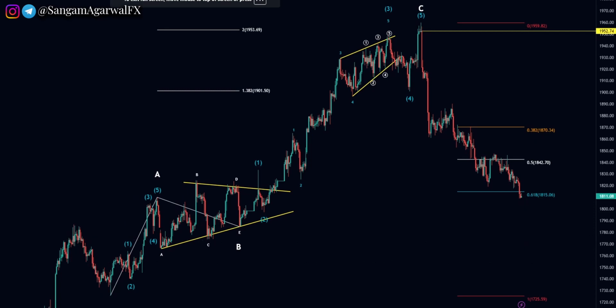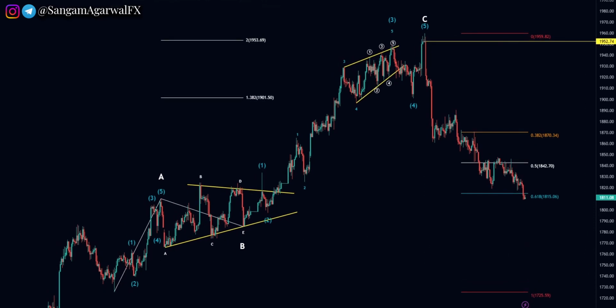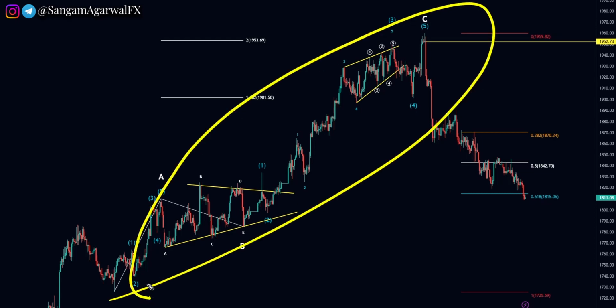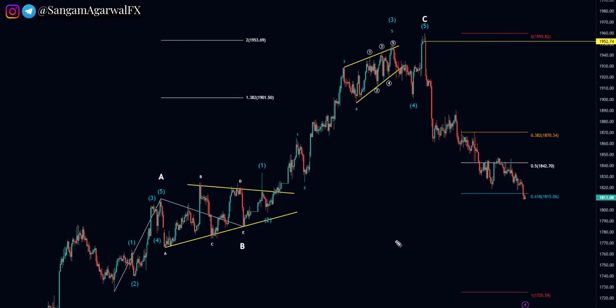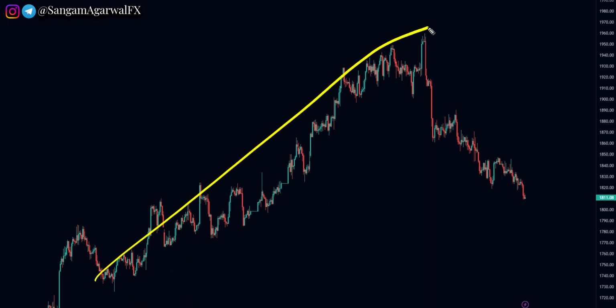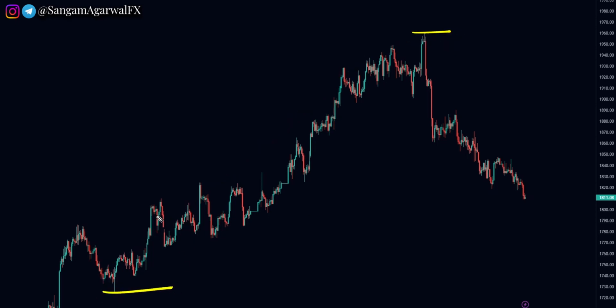And let me show you one more thing which always confuses beginner traders. This is your wave counting. And if you hide all of this wave counting, then this is just price action. And from this bottom to this top, if you only follow price action, then you see it is making higher highs with higher lows.